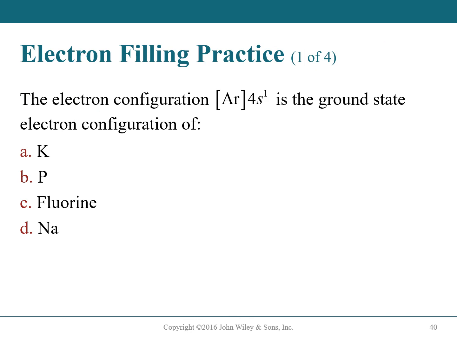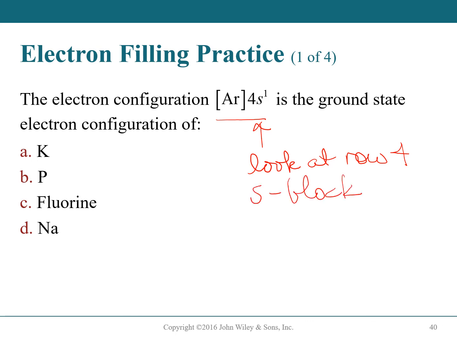So let's look at argon 4s1. First of all, you have to know you're going to be looking at row 4. It's s1, so you're going to look at the S block, first column.